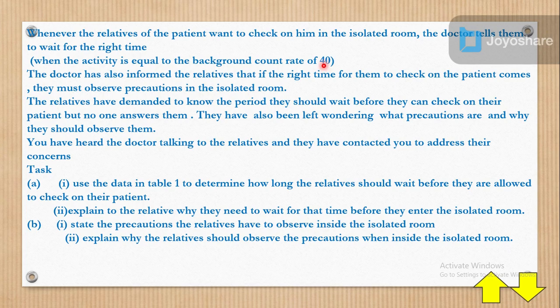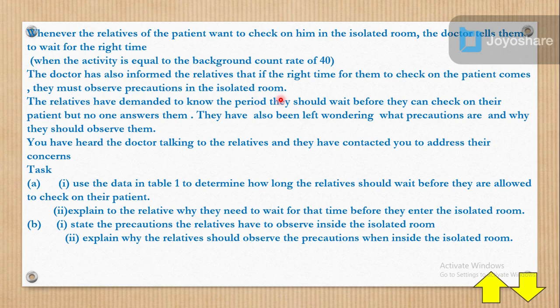Now, in simple terms, these count rates are measured by radiation detectors. You can think about a Geiger-Müller tube, a GM tube, which can be used to measure, and different radiation detectors have different background count rates.